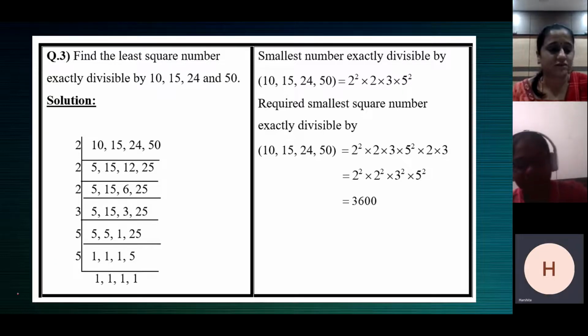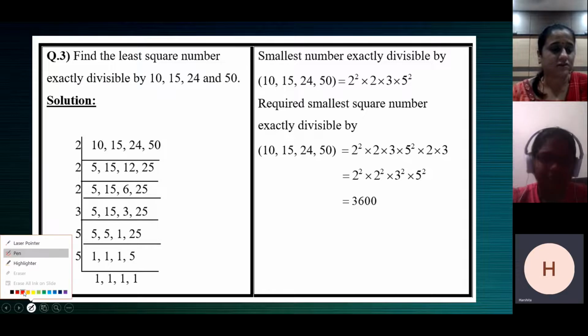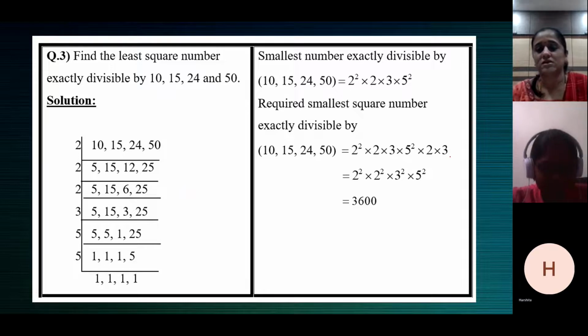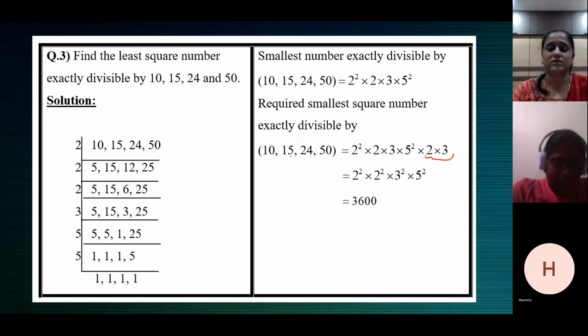Ma'am, I actually didn't multiply a number. I left one number. Okay, so 600 into 6, you missed to multiply 6. That means you found only the LCM. You did not multiply the LCM by 2 and 3.